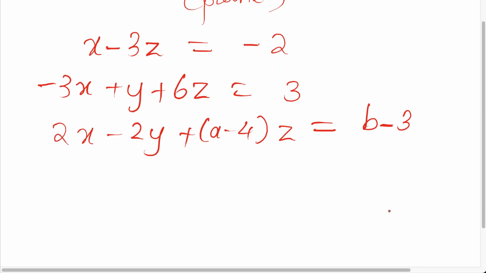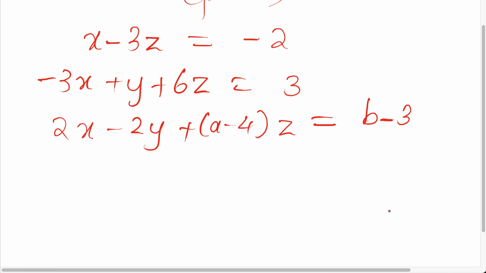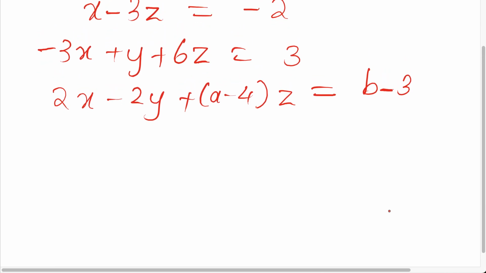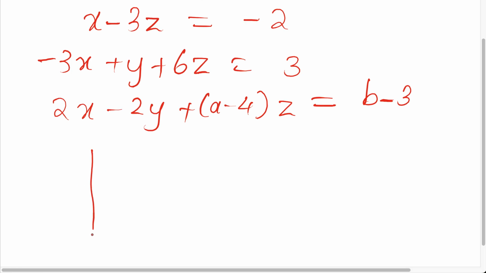Okay, so we will rewrite this in our matrix format for our Gauss elimination method, and let me keep all the three equations ready. The format is 1, 0, minus 3, because 1 is the coefficient of x, 0 is the coefficient of y, and minus 3 is the coefficient of z, and the constant is minus 2.